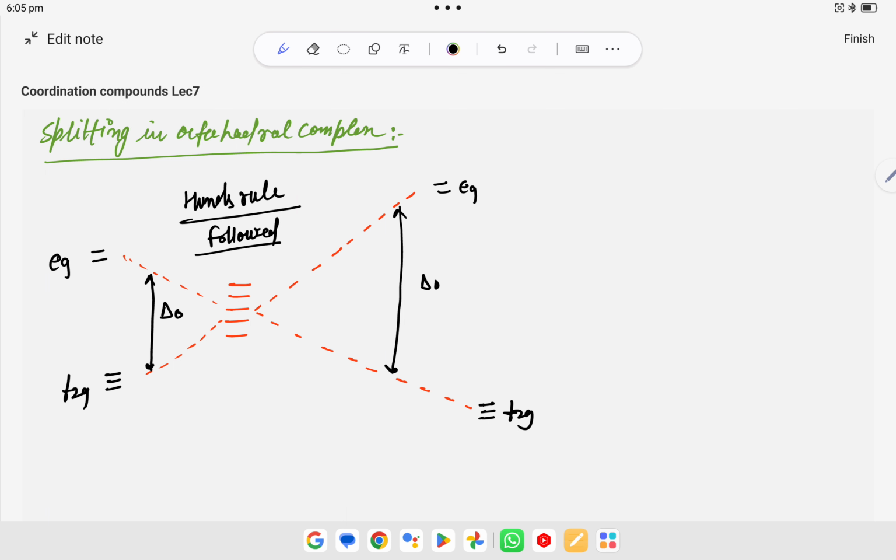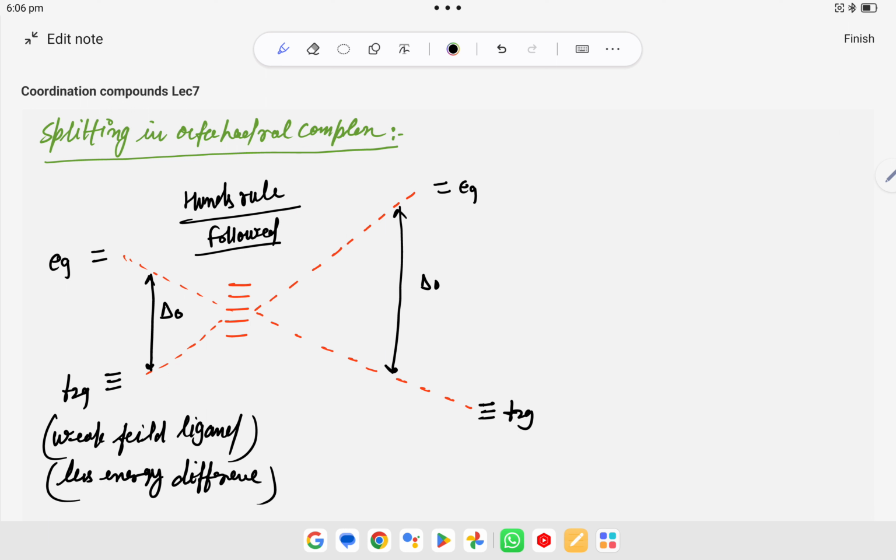What are the conditions? Weak field ligand, here this side: low energy difference. Here less energy difference.